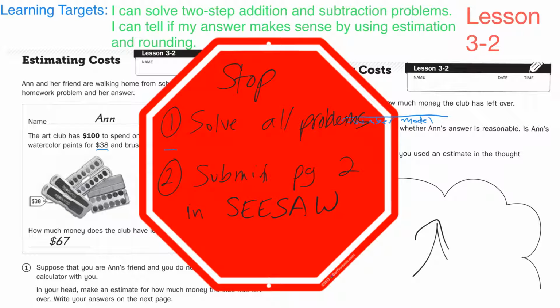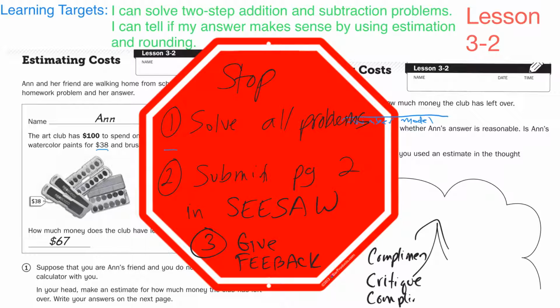And step 3 would be to give feedback to your classmates. Remember to compliment, critique, and then compliment, to give excellent, specific feedback.